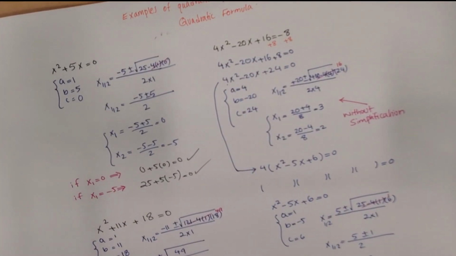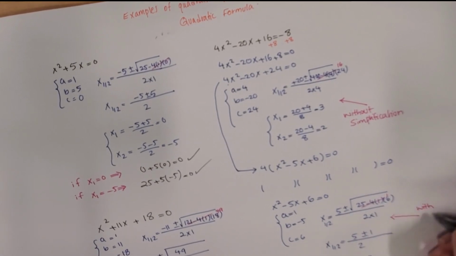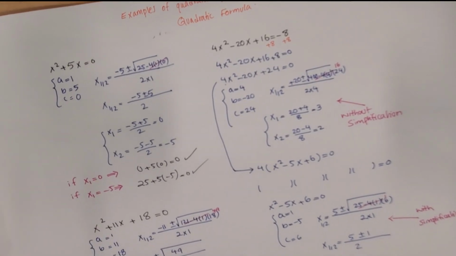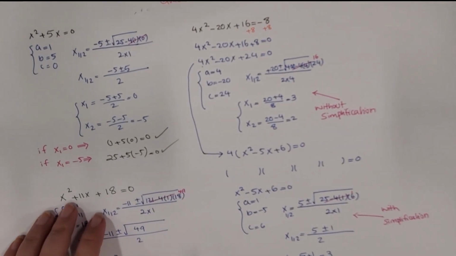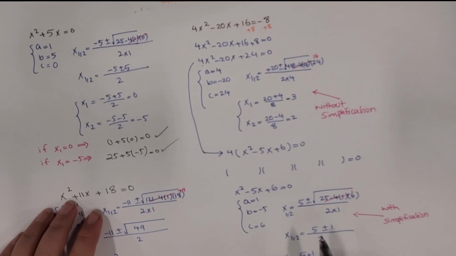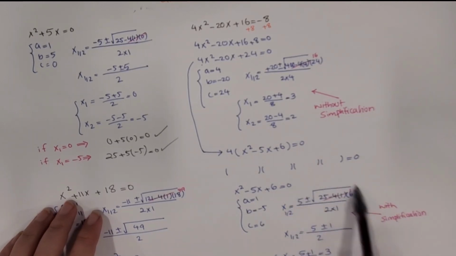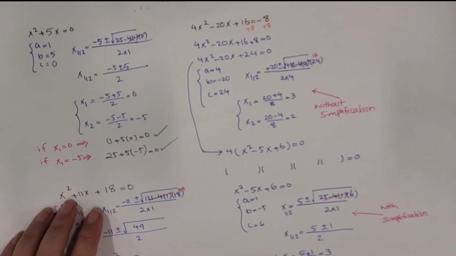So this one is with simplification. You can see if we simplify or factorize before putting it into the equation, we still get the same answers, but then we're dealing with smaller numbers.